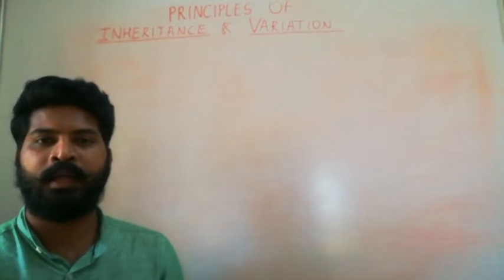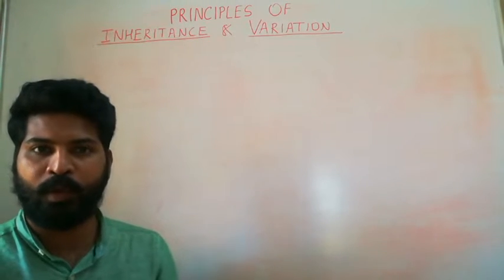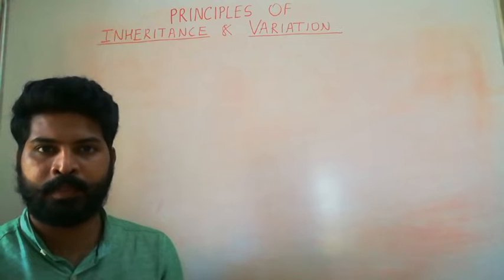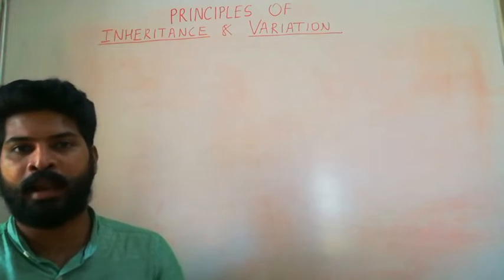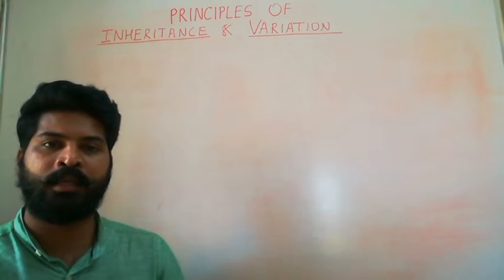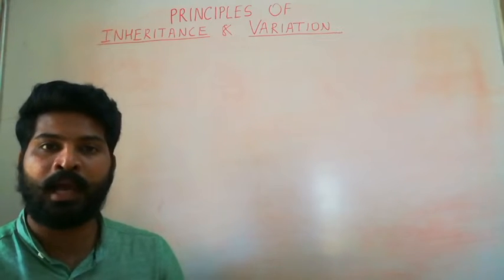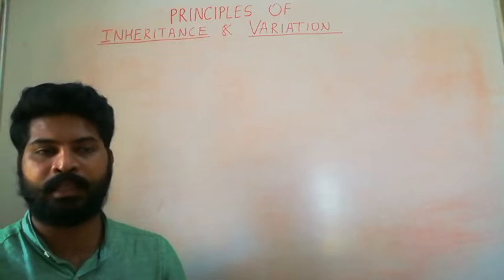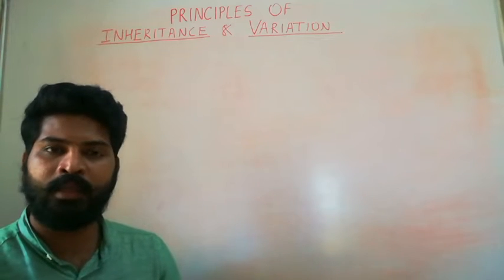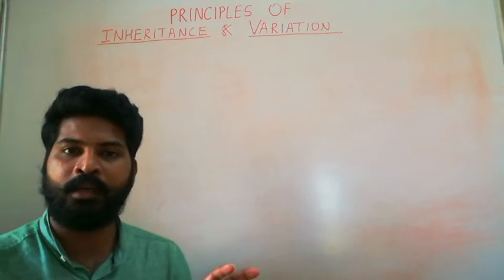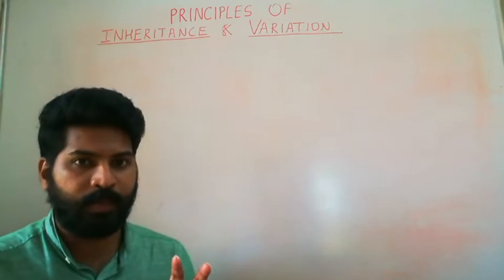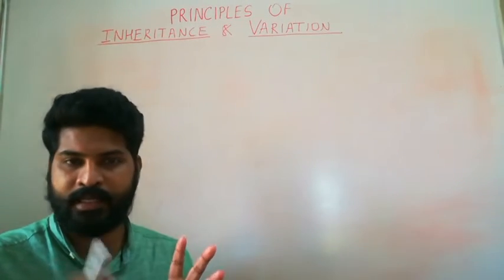Welcome back. In this session, we will begin a new lesson, that is Principles of Inheritance and Variation. In the previous sessions, we have discussed reproduction in plants and reproduction in animals, wherein we learned that a parent produces an offspring similar to itself.